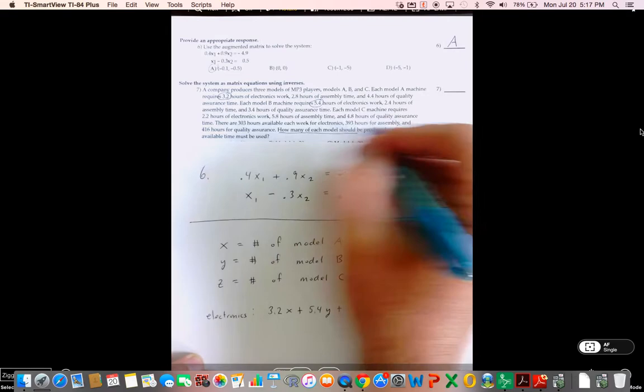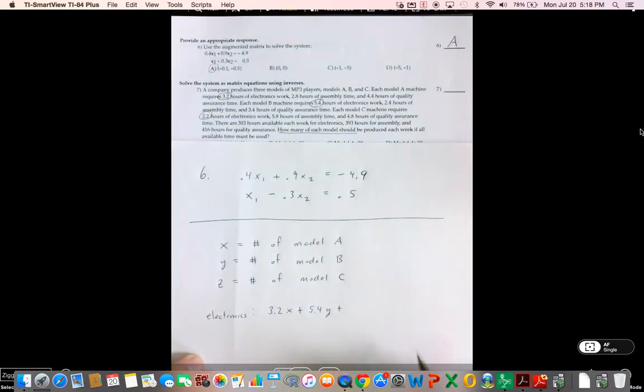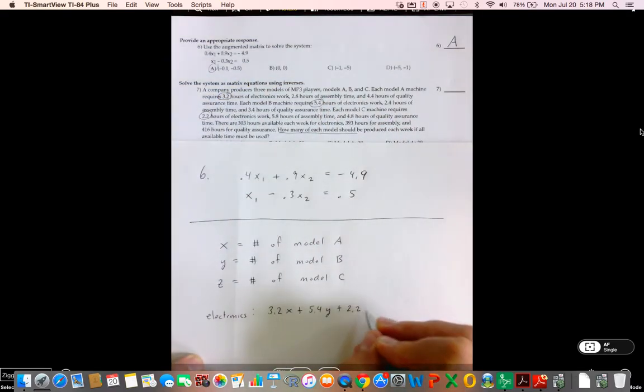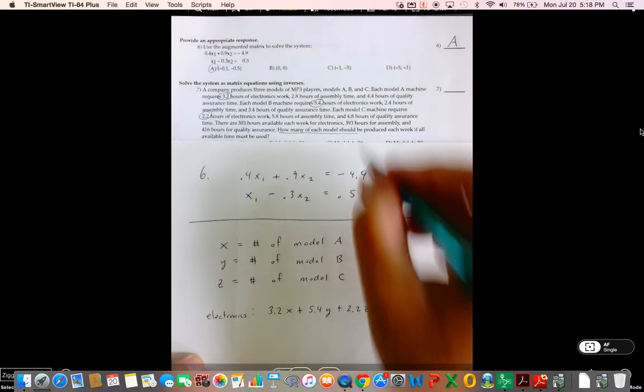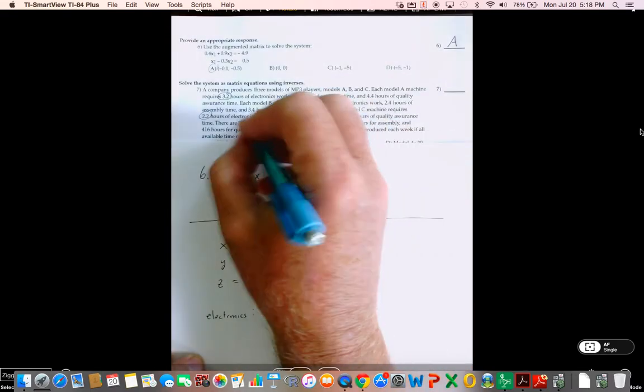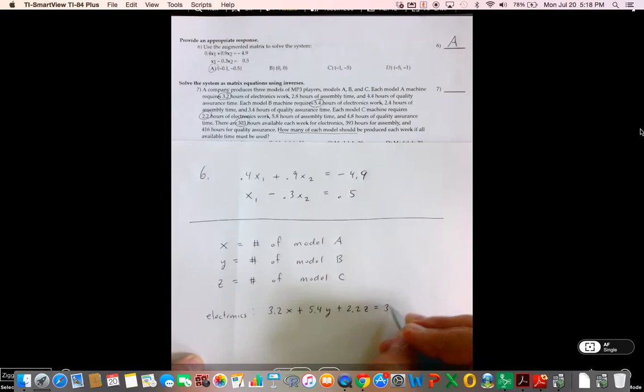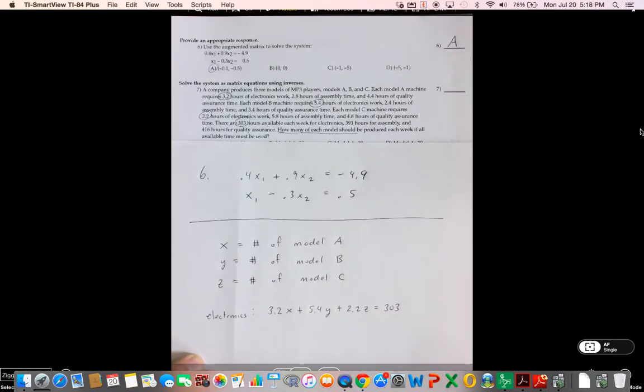And each C requires 2.2 of electronics. The total of electronics that I have due is 303. Next thing I'm going to do is focus on the second thing that I've got, and that's assembly.